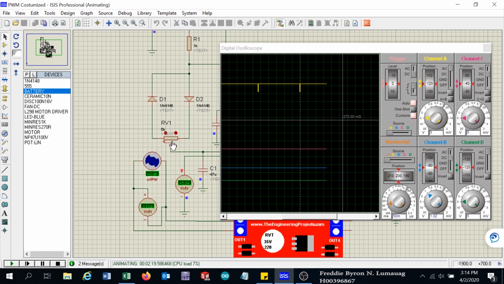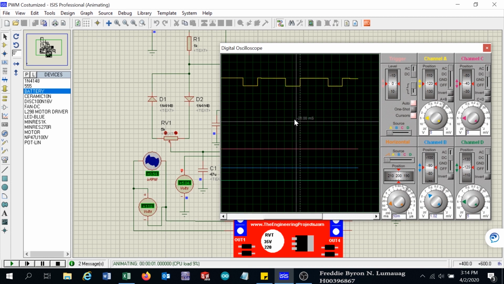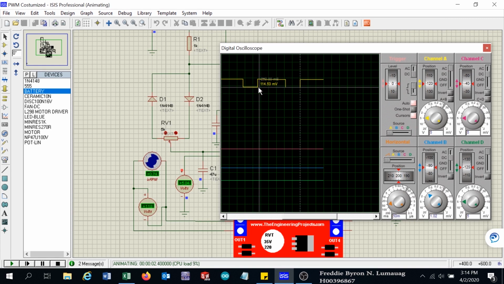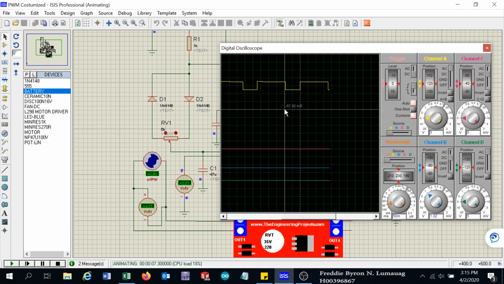So the time on divided by the whole period, which is time on plus time off, is your duty cycle in percent.